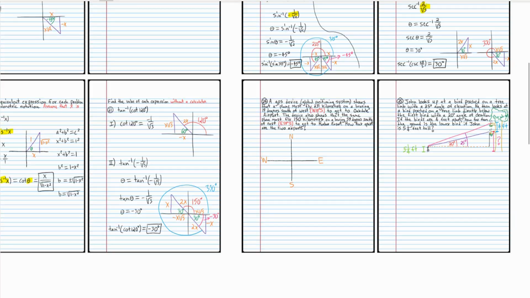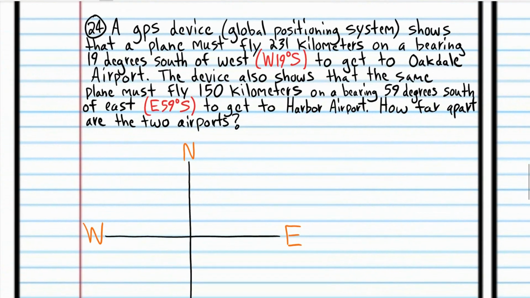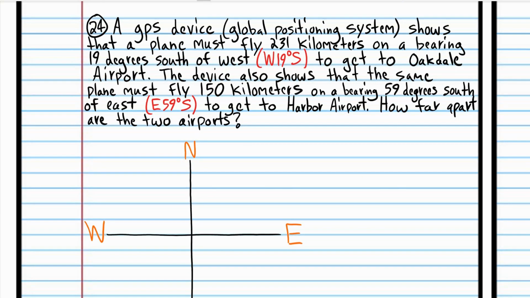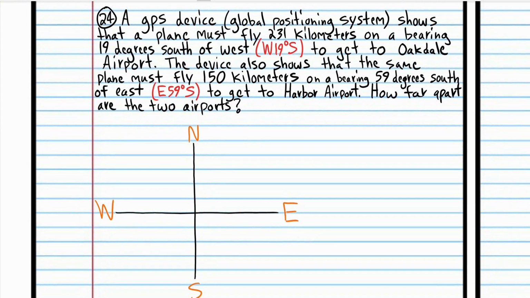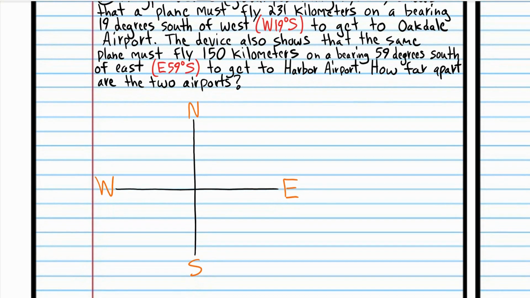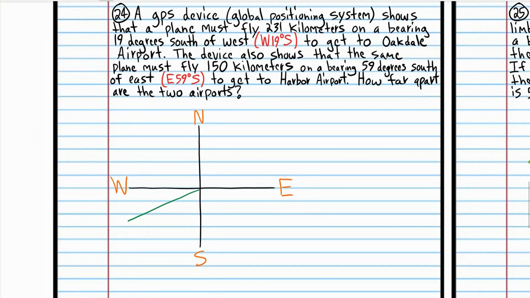So, let's draw some segments here. A GPS device shows that a plane must fly 231 kilometers on a bearing 19 degrees south of west. So that would be something like that. The angle doesn't have to be exact.